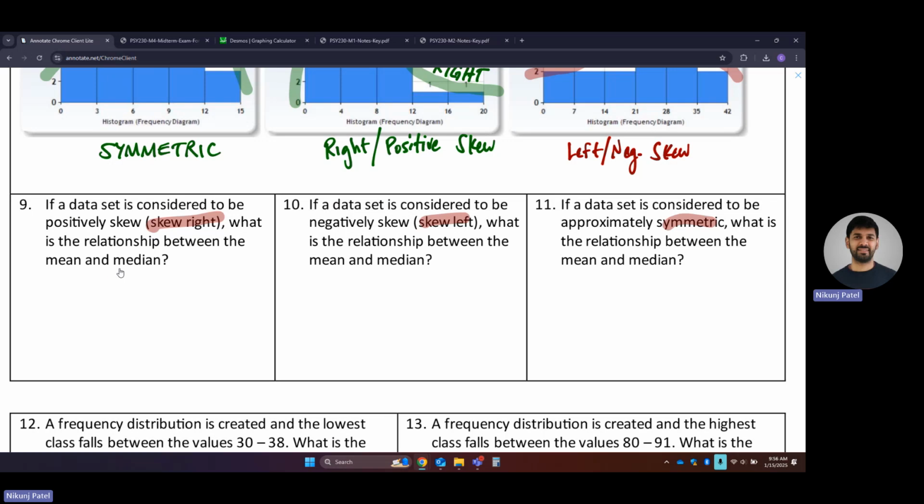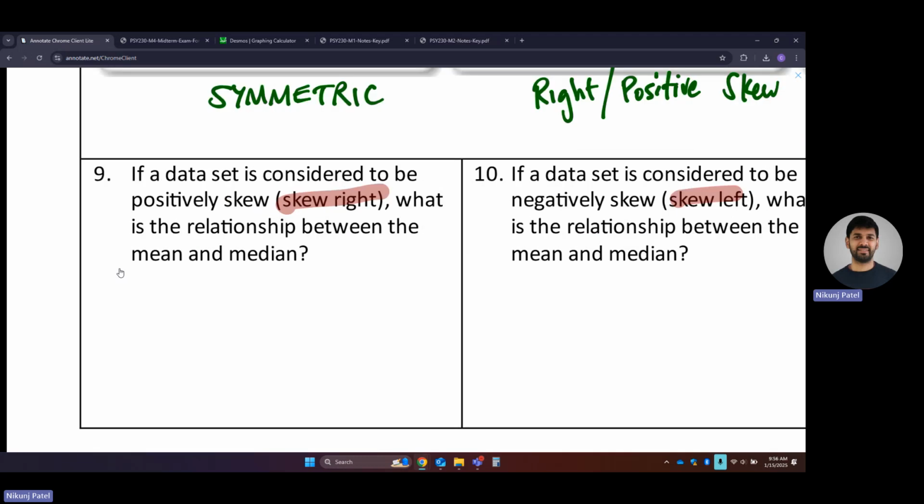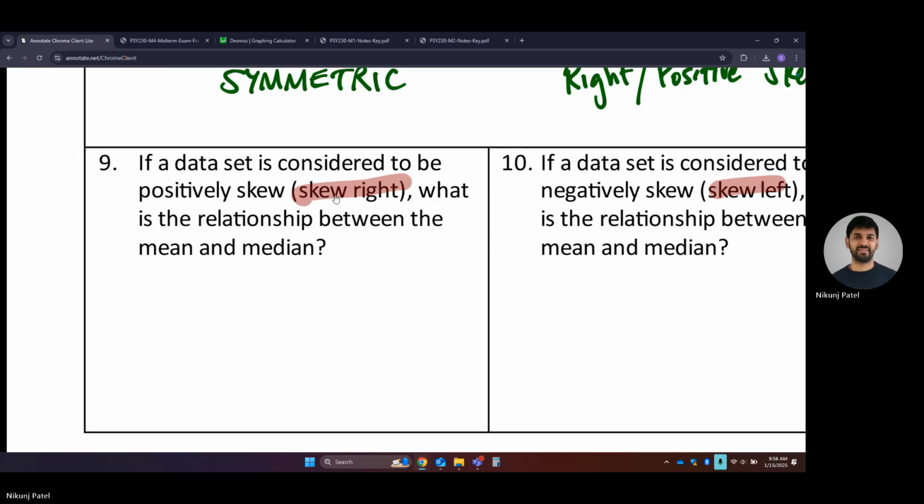So this one actually just asks about the mean and the median. So we would say for a right skew, or positively skewed, the median comes first and then the mean. It would look something like this. So this is a right skew, just like that.